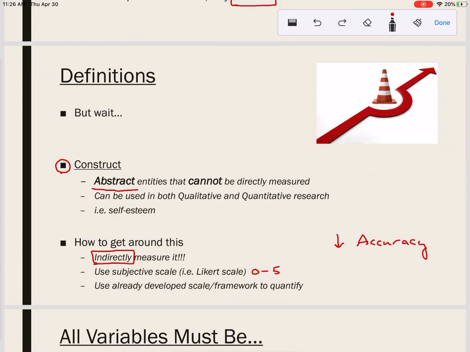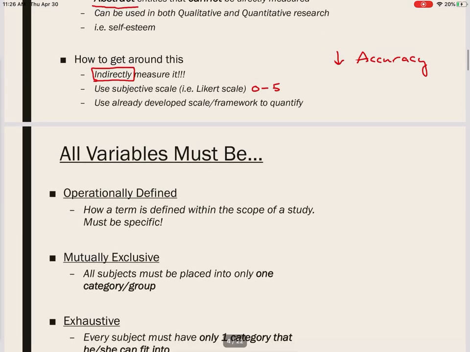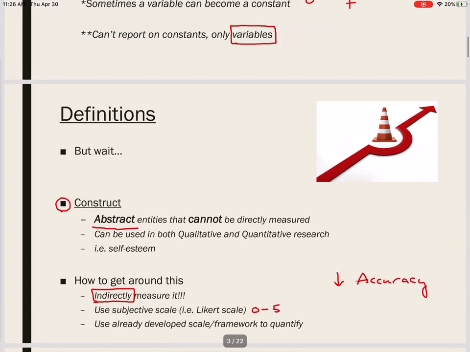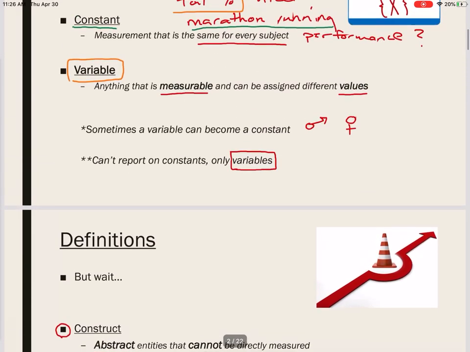But also, anytime we're measuring something that's abstract, it also lowers the accuracy and validity. Because among a sample of people, we may inherently assign different values to self-esteem. So one person's definition of a 5, good self-esteem, is different from another person's rating of a 5 for good self-esteem.